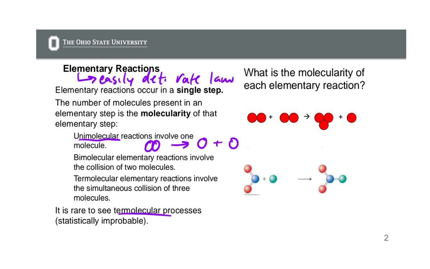There is one example, and I can't remember if it's in your textbook, but it involves different gases, and they react together and happen to collide three at once. It's kind of interesting. But again, not very common. So we're really not going to see too many of those.